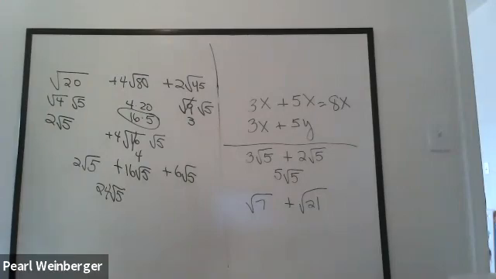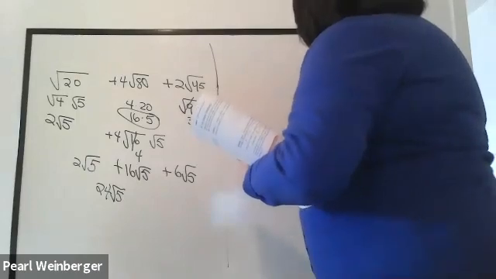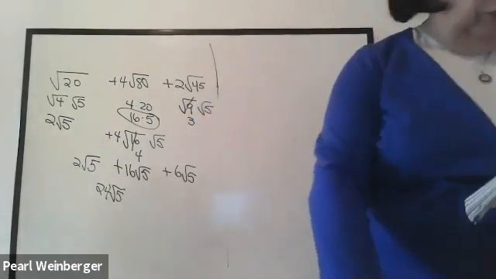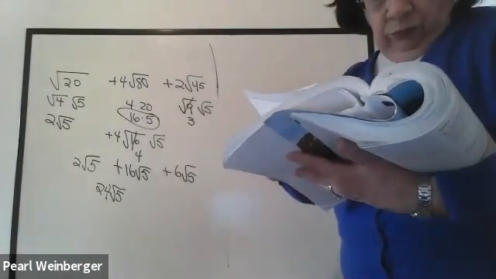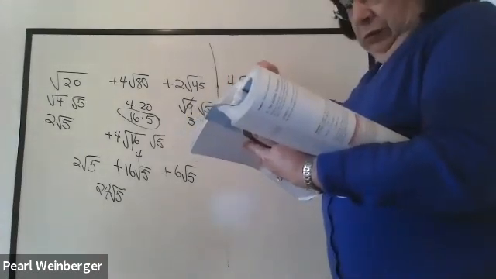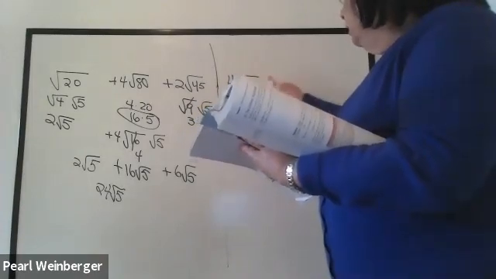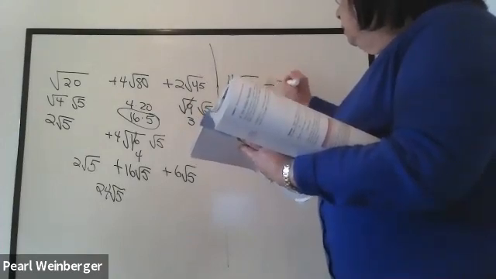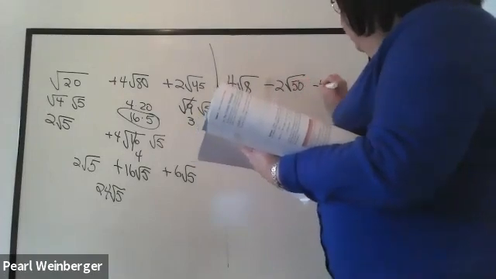Let's see if I can give you one to try. So let's try this one. 4 radical 8, minus 2 radical 50, minus 5 radical 72.